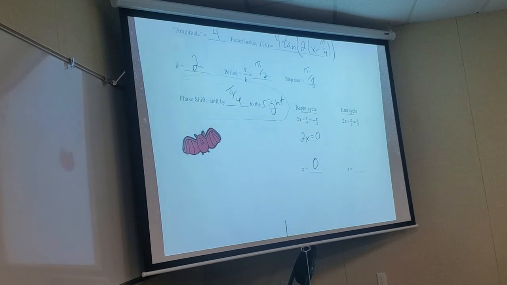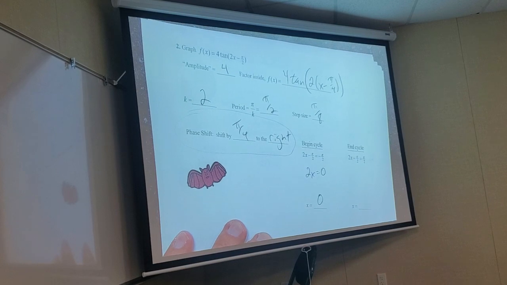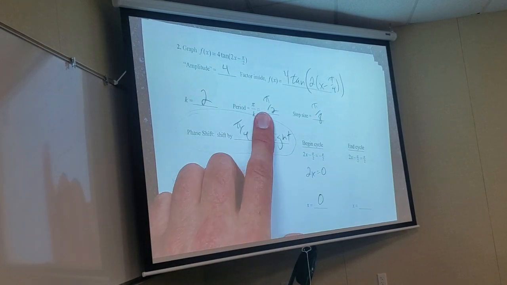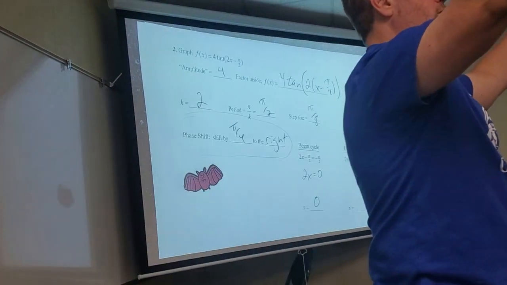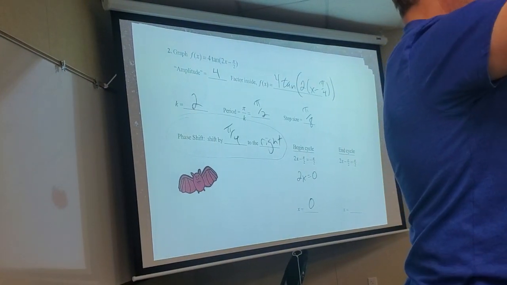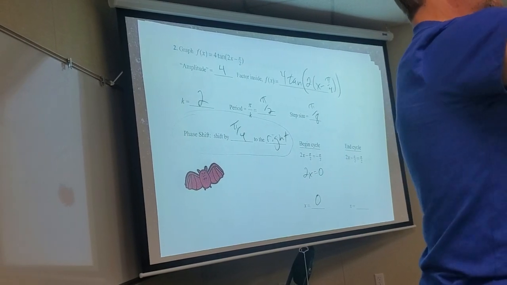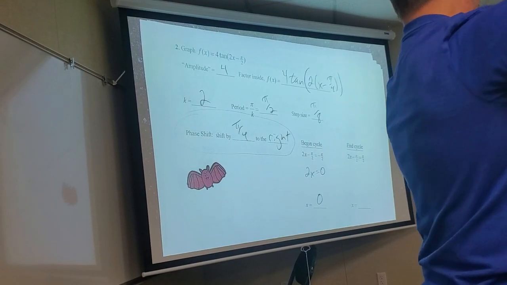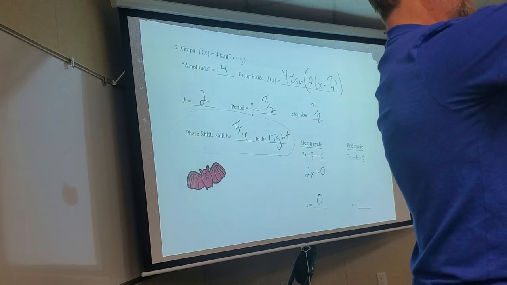Now, let me take a moment. I want you to connect with what's happening here. So normally tangent goes from negative pi over 2 to pi over 2, correct? And there's asymptotes there. This is kind of new to us, but that's why it's nice to repeat this. The very first thing we looked at was what k was and what the new period was, correct?